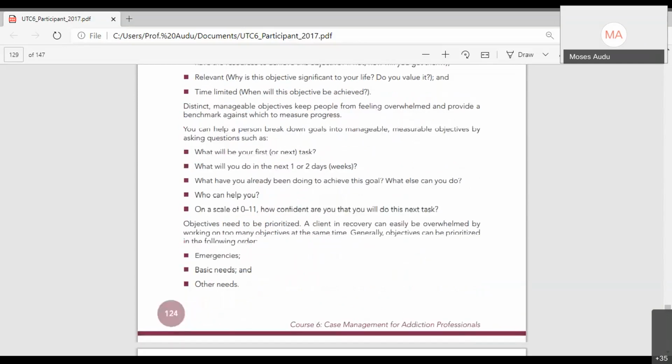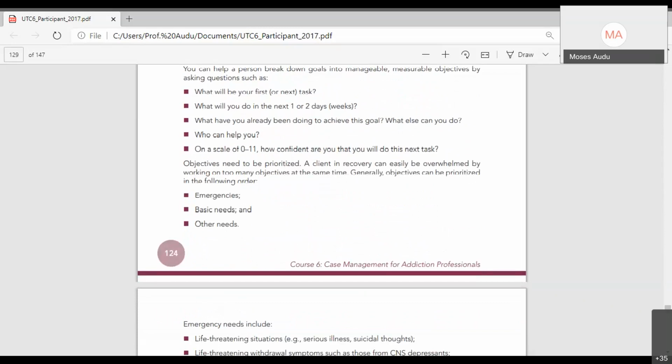And you also have to be able to ask, what would be your first or next task? You are breaking the goal down into measurable objectives to be able to attain that goal. So what would be your first or next task, for instance? And what will you do in the next 1 or 2 days? So these are some of the things and steps you take to be able to reach your goal.